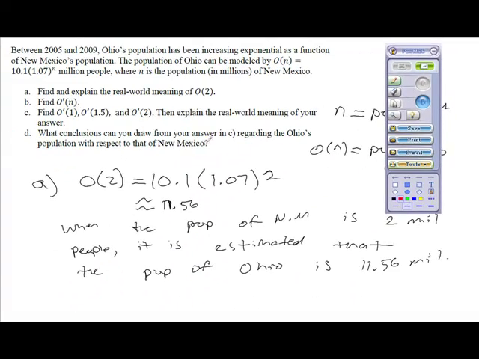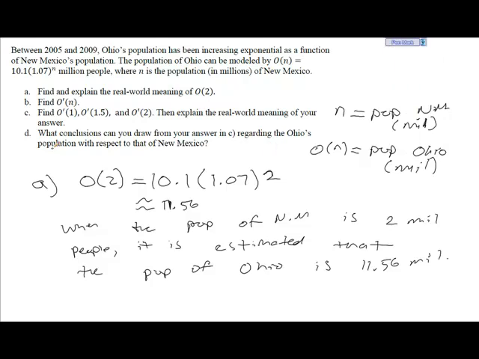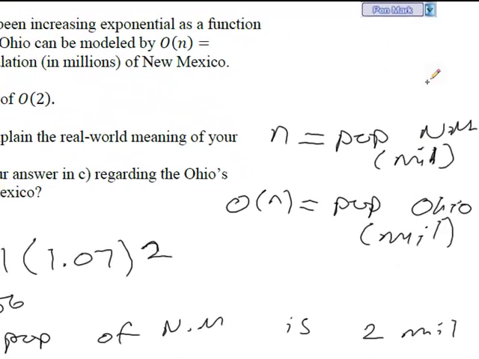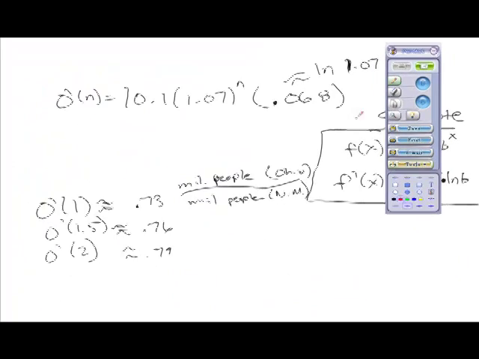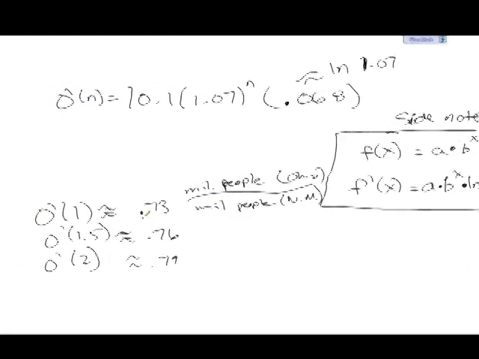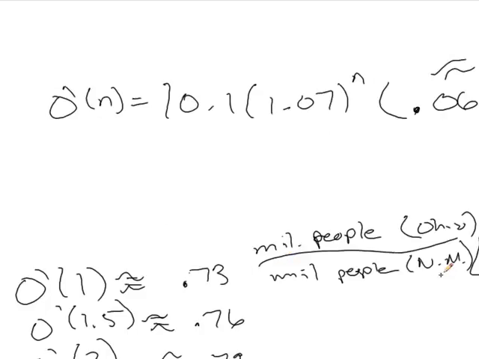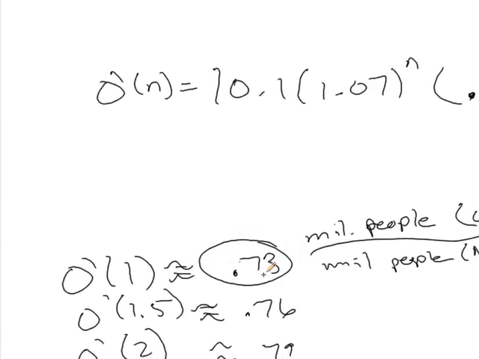Part D, what conclusions can you draw from your answer in C regarding Ohio's population with respect to that of New Mexico? Well, we find out that the relationship is such that if we increase the population in New Mexico by 1 million, while there are exactly 1 million people in New Mexico, the number of Ohioans is going to increase by only 0.73 million.